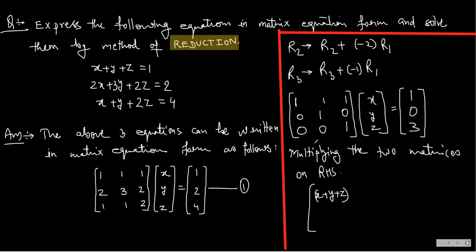Then I multiply the second row and first column. 0 into x is 0, right? So no need to write. Okay, let us write. 0 into x is 0 plus 1 into y is y plus 0 into z is 0.